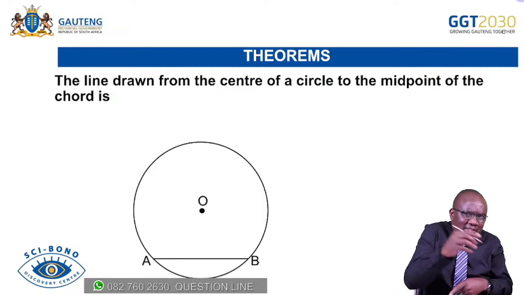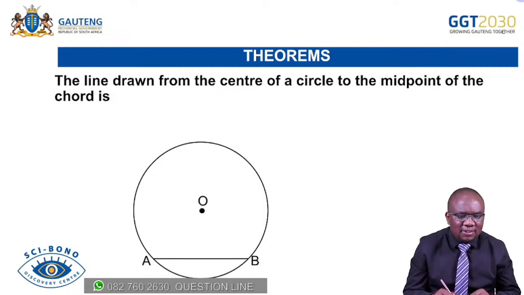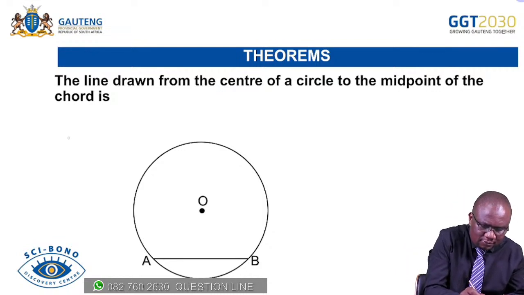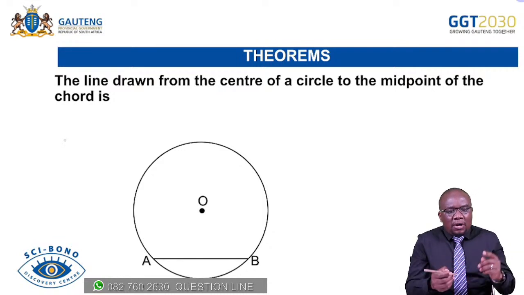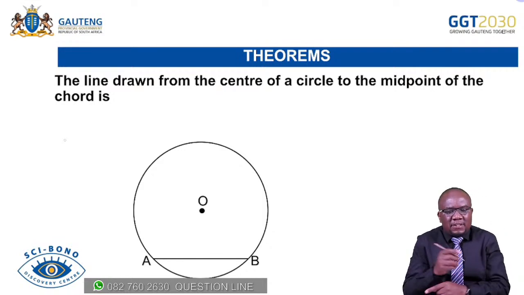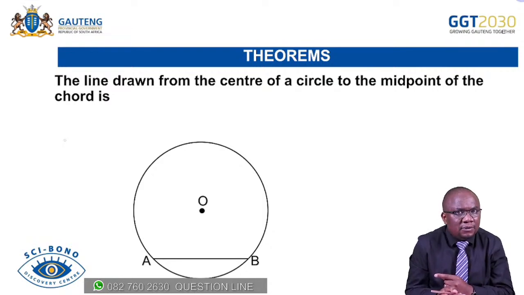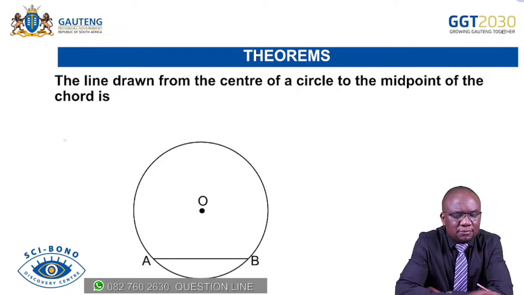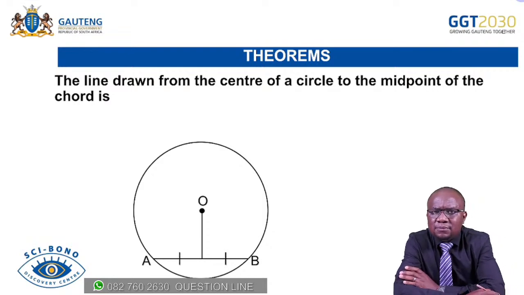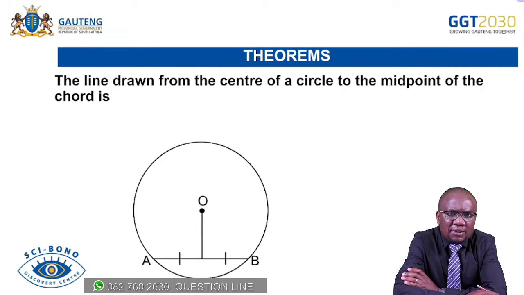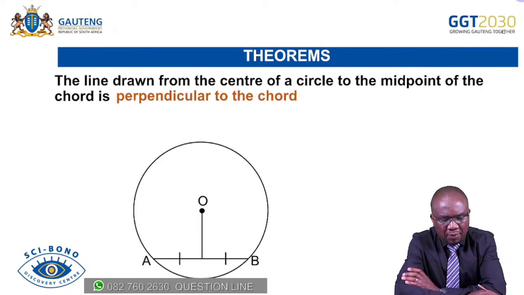So now the other way around, what do we call that? The converse theorem. Now the line drawn from the center of the circle to the midpoint of the chord, what is it going to do? What can you say about it? It is perpendicular to the chord.